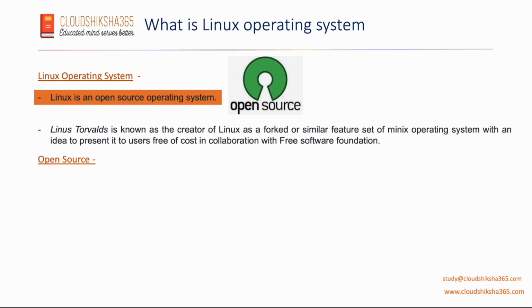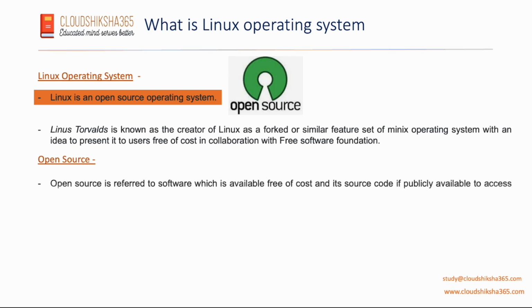Now here we used the word open source. What does open source mean? Open source refers to software or a piece of program. It can be a small script as well, which you develop and present to the whole world, available on the World Wide Web.